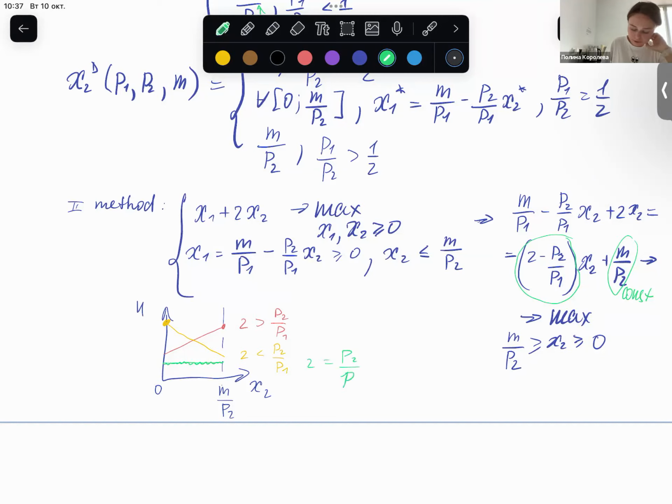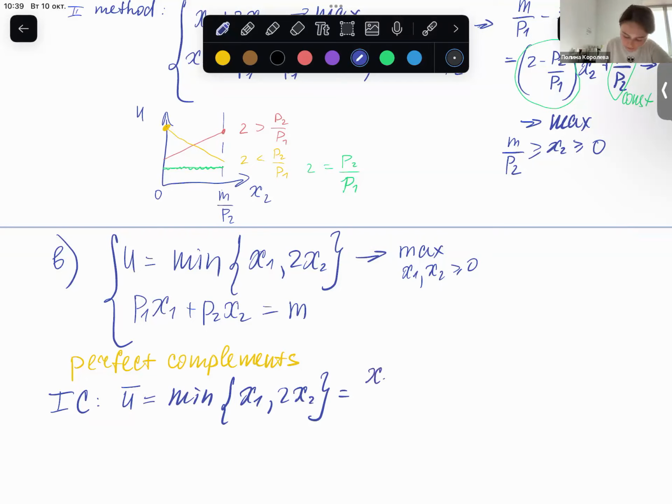This is the minimum from x1 to x2. And let's write down the system. So the utility will be equal to x1 if it is the minimum, yes? If x1 is less or equal than 2x2. And utility will be equal to x2 if x1 is greater or equal than 2x2.